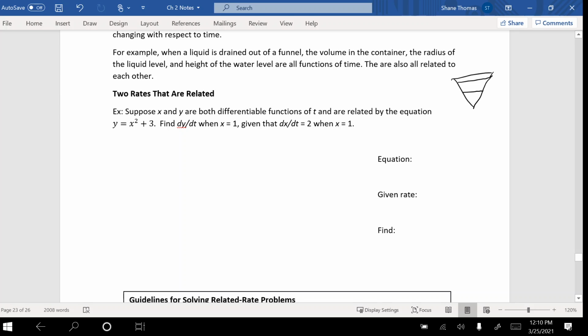All right, so we have our equation, y equals x squared plus 3. All right, so we're talking about speeds, we're talking about rates. Let's differentiate both sides of this. And we want to find dy dt, so we'll go d/dt for both sides.